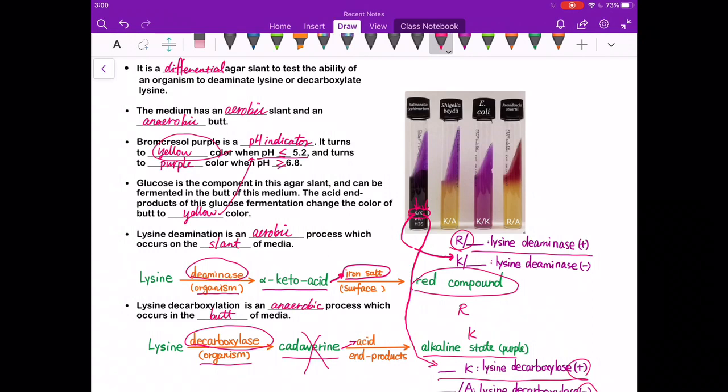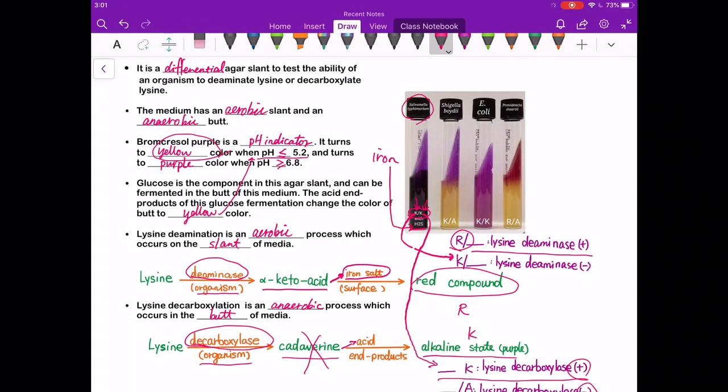Here I want to mention the hydrogen sulfide, H2S. Like we talked about in the previous video of Hektoen enteric agar, Salmonella species is an organism that can reduce the sodium thiosulfate, which is a component of this medium, to hydrogen sulfide, H2S. And then the ferric ammonium citrate, a source of the iron, which is another component in this medium, will react with the hydrogen sulfide.